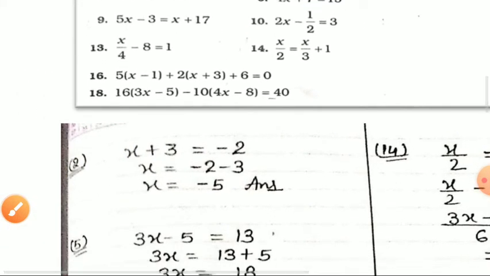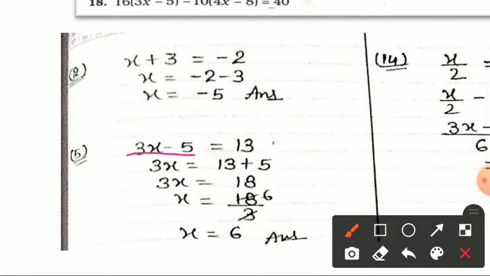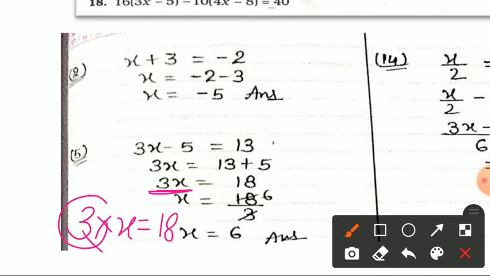Now question number 5: 3x minus 5 equals 13. Negative 5, when shifted to this side, becomes positive 5. So 13 plus 5 is 18. Now 3x equals 18. What is the sign between 3 and x? 3x means 3 into x equals 18. If it is multiplied, it goes to divide.